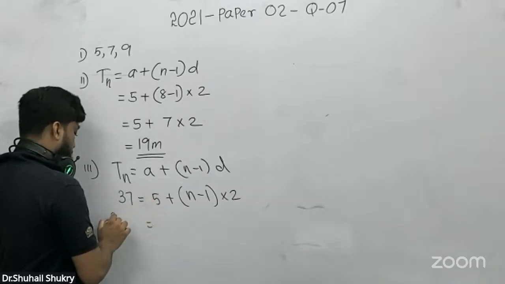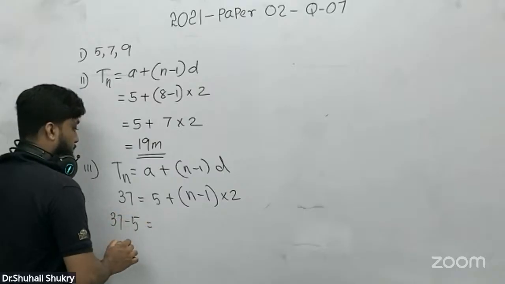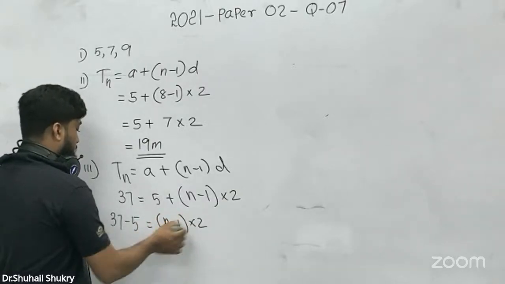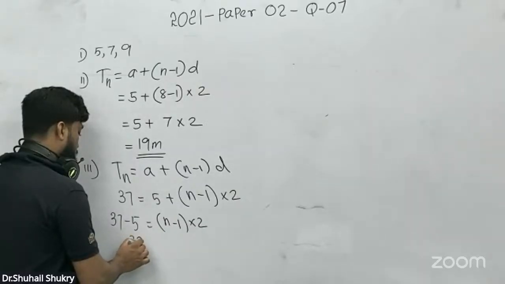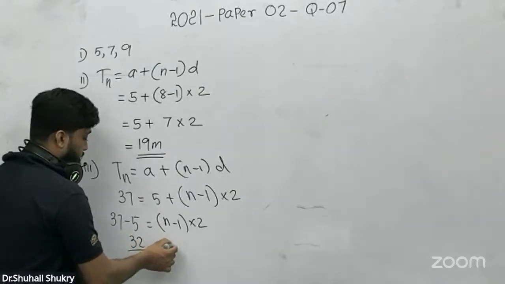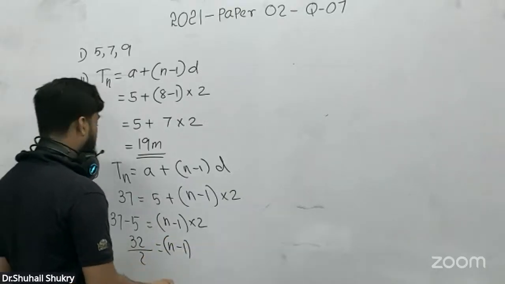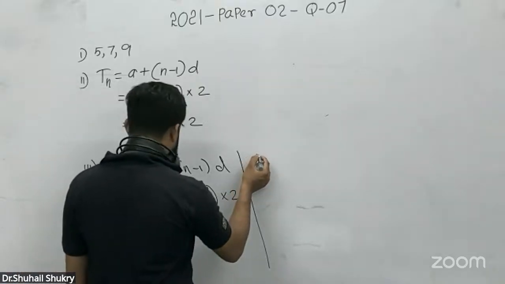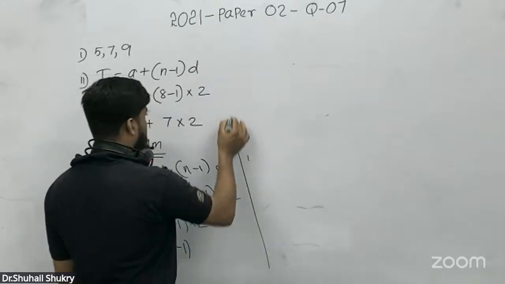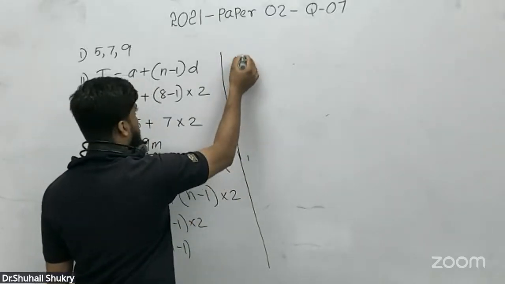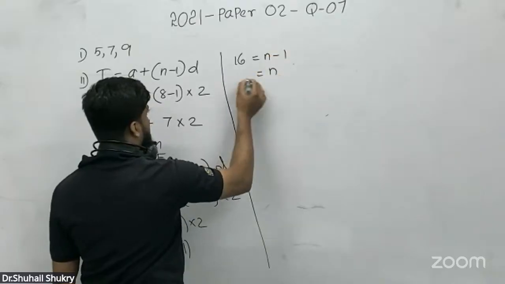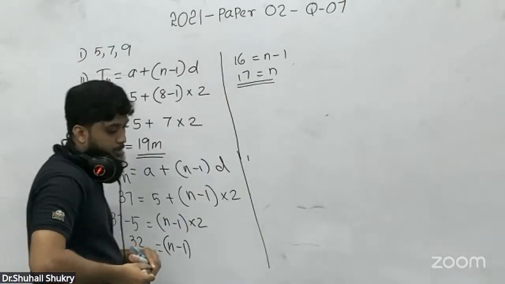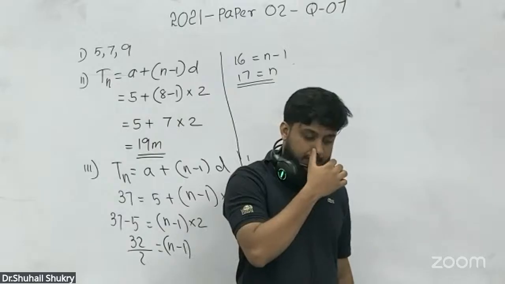Send the 5 to this side, then 37 minus 5 equals n minus 1 times 2. 37 minus 5 is 32. Then the 2 to this side, divide by 2 equals n minus 1. 32 divided by 2 is 16. So 16 is equal to n minus 1. Next step, directly write n is equal to 17. No need to send the minus 1 to that side. Directly write 17. It means the 17th bush is at 37 meters.